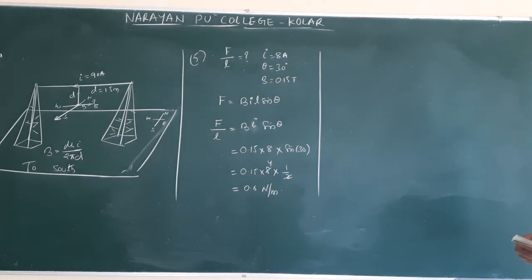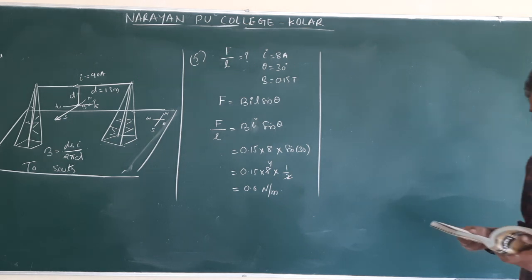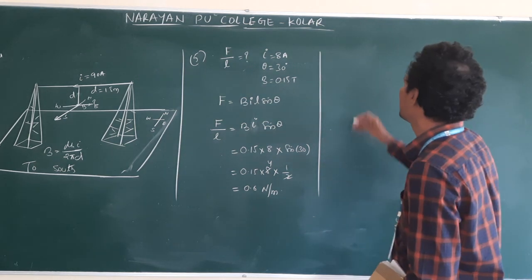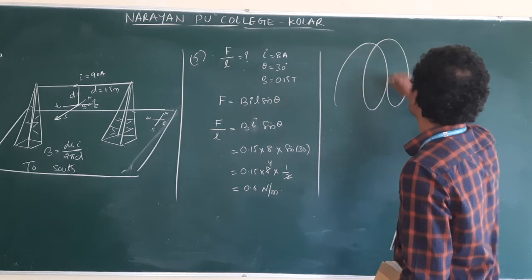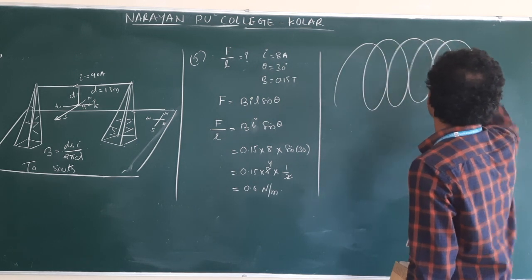Now a 3 centimeter wire carries a current 10 ampere and is placed inside the solenoid perpendicular to its axis. Magnetic field inside the solenoid is given to be 0.27 Tesla. What is the magnetic force on the wire? Very simple. Imagine a solenoid like this.